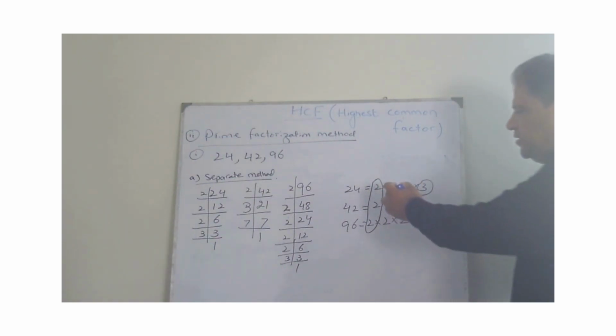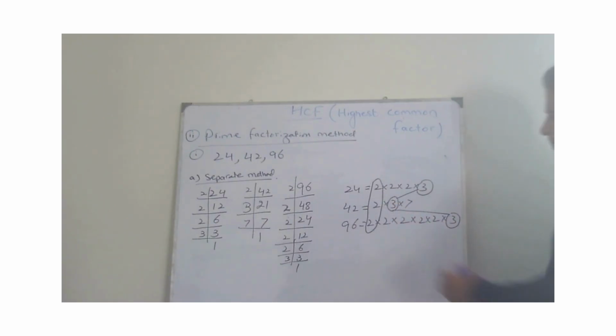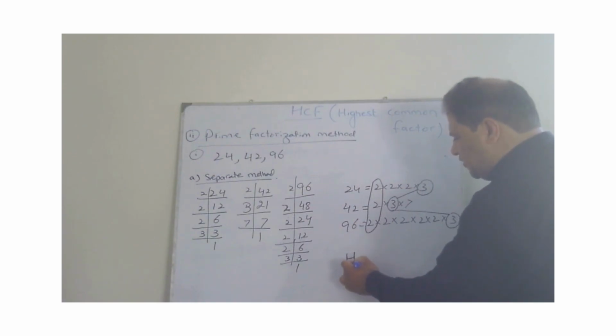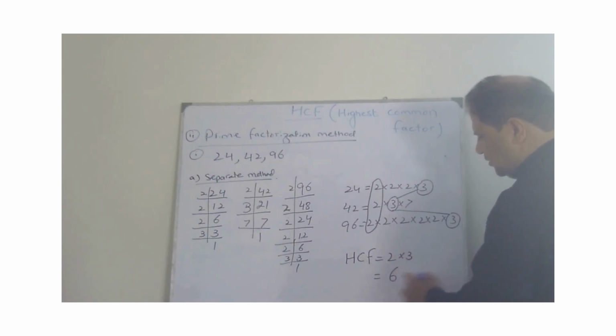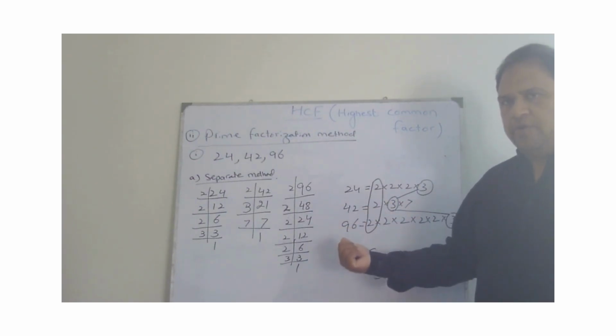The highest common factors are 2 multiplied by 3, and 6 is the answer. So this is the second method, considered as the separate method.